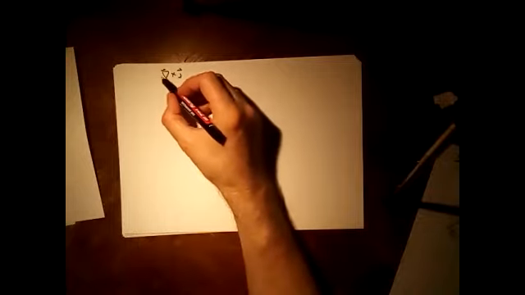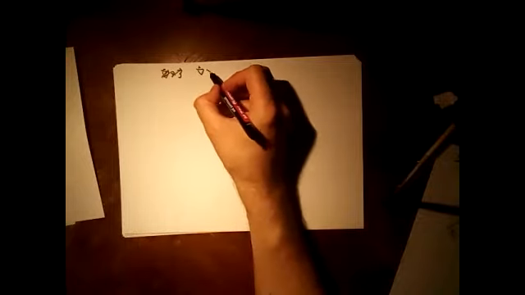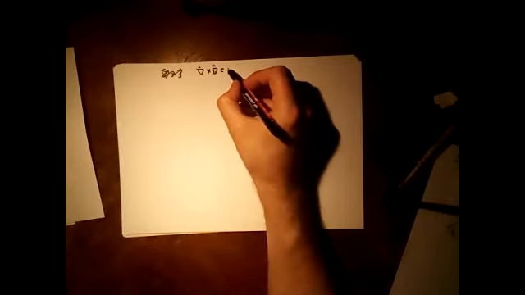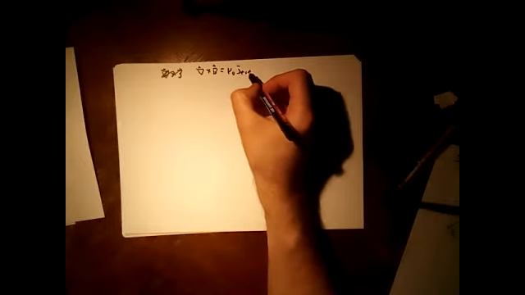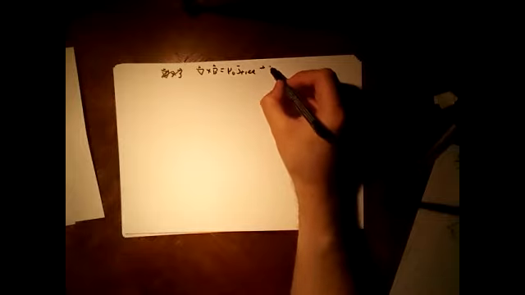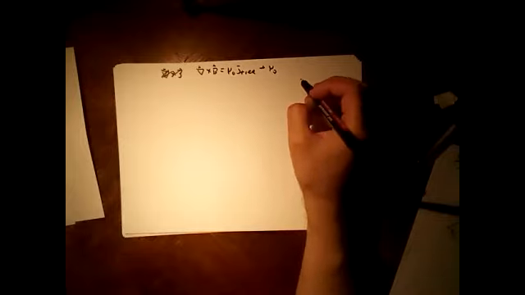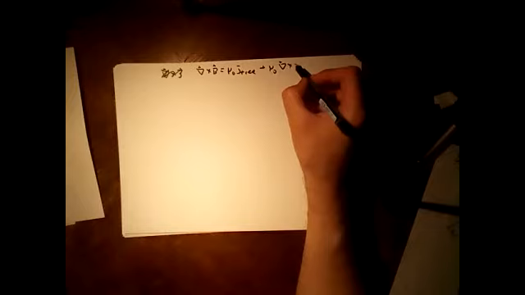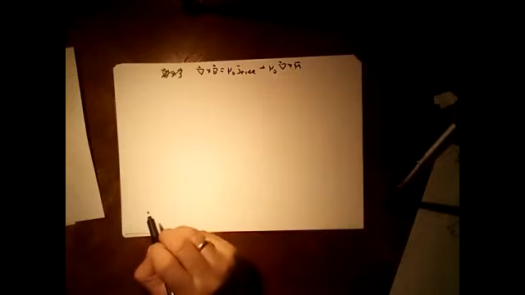Curl of B is mu 0 J free plus mu 0 times the bound current, but the bound current we can write as the curl of the magnetization.